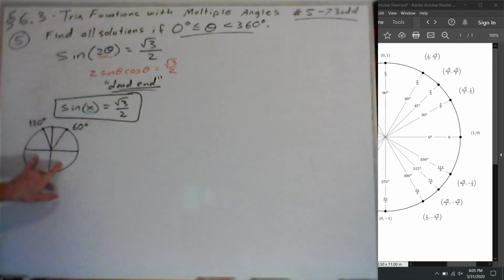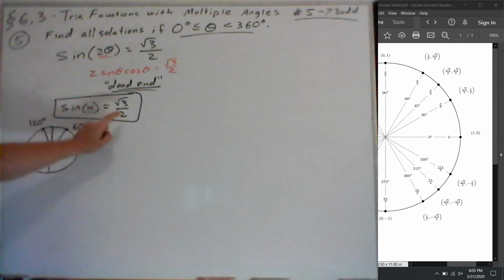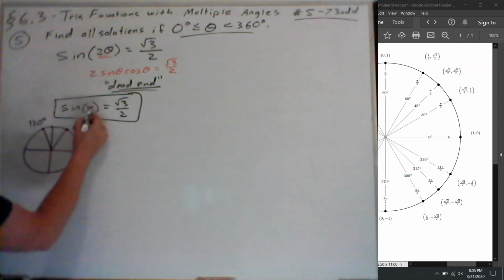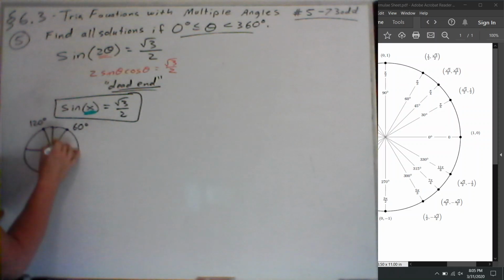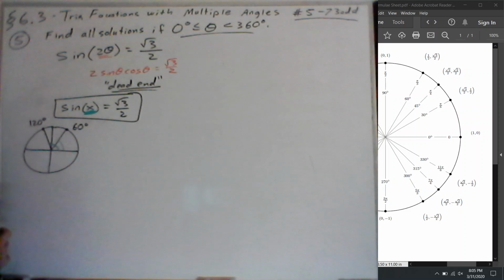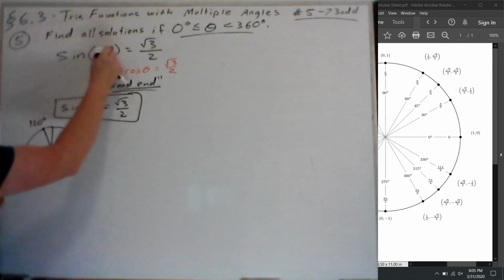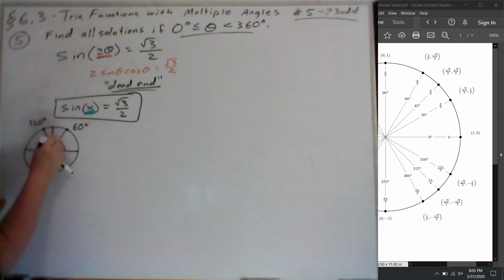Sine will be negative in quadrants 3 and 4, so obviously I don't want those. Sine's not negative. This tells us that this angle must have been either 60 degrees or 120 degrees, which is no different than saying that this angle 2 theta must have been 60 degrees or 120 degrees.